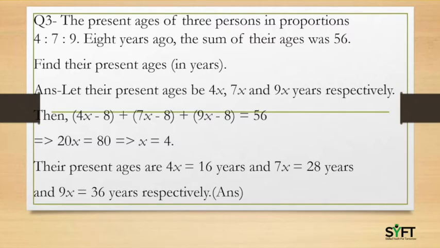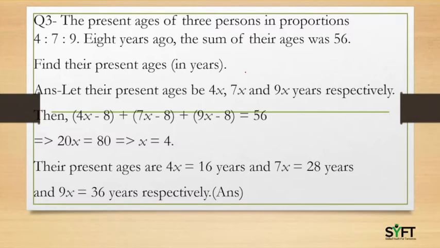Okay, so the present ages of three persons are in proportion. That means if it is proportion, suppose one's age is 4x, one's is 7x and the other's 9x. So let the present ages be 4x, 7x and 9x.